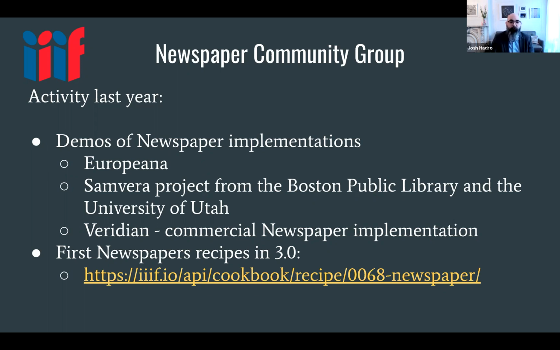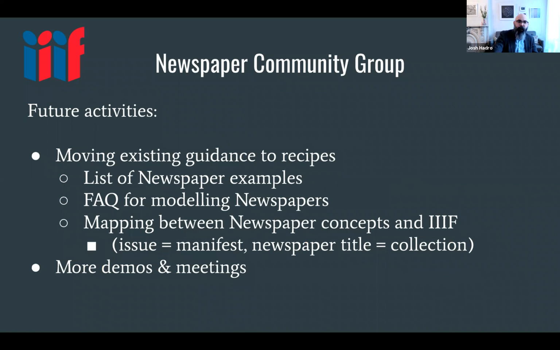So a huge amount of newspaper material in Europeana, other places like the relatively recent Sambera project from BPL and the University of Utah, the Viridian newspaper implementation. Future activities, I think, are figuring out the schedule for the calls in the coming year, and just adding more guidance that they can implement as cookbook recipes. So figuring out examples to include there and ways that modeling might be usefully demonstrated in that cookbook domain.